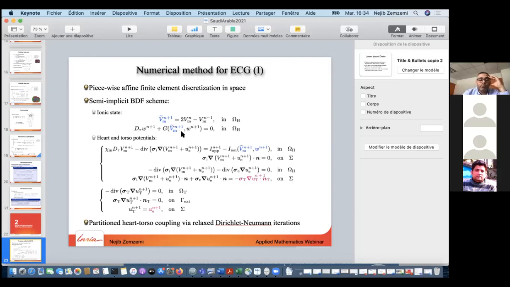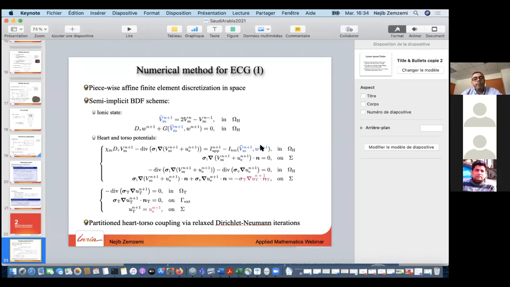Suppose that you want to compute Vm, the potential, the extracellular potential and the gate variables at time n+1. This is a second order approximation of Vm at time n+1. You introduce that in the nonlinear term and you solve an exponential equation. There are very appropriate schemes for that. Then once you have W, the gate variables, you can inject them.